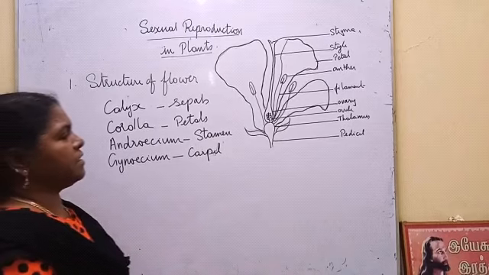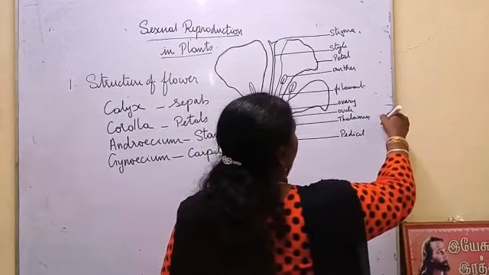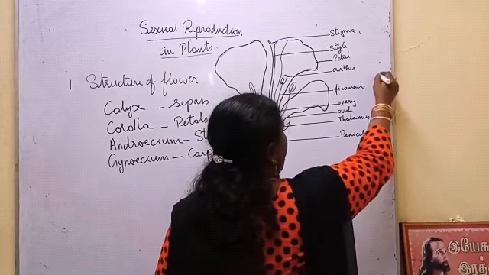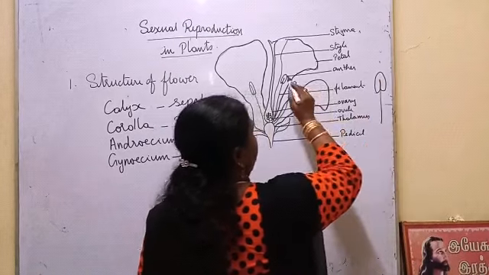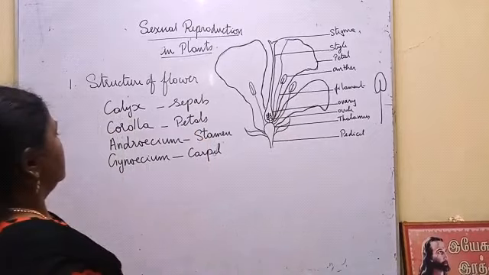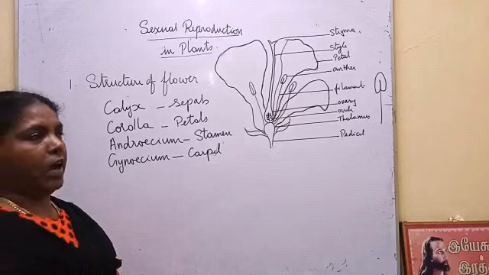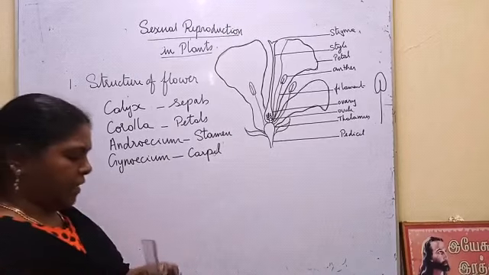Each stamen consists of a filament and a sac-like structure called anther. Then gynoecium is the female reproductive part of the flower. It is made up of carpels.